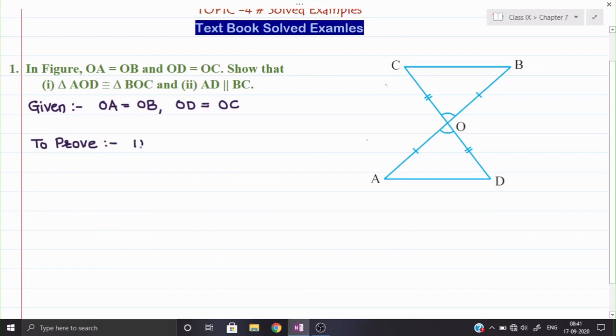First part is triangle AOD is congruent to triangle BOC. Second part is AD is parallel to BC. Okay, let us start the proof.